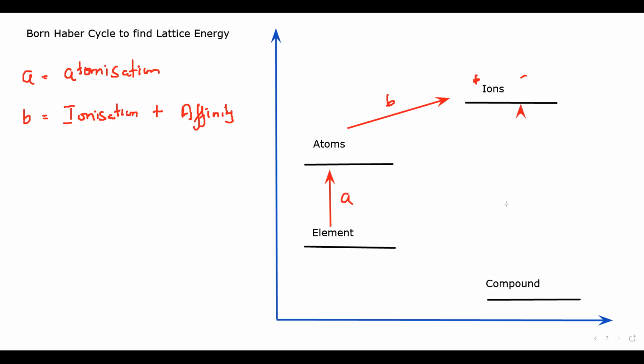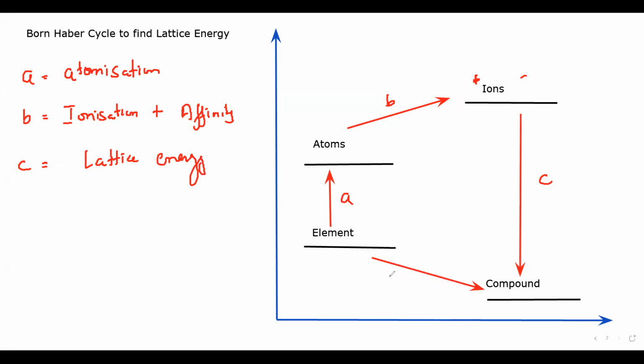When ions form a compound, what we call that is lattice energy. Or elements directly form the compound.